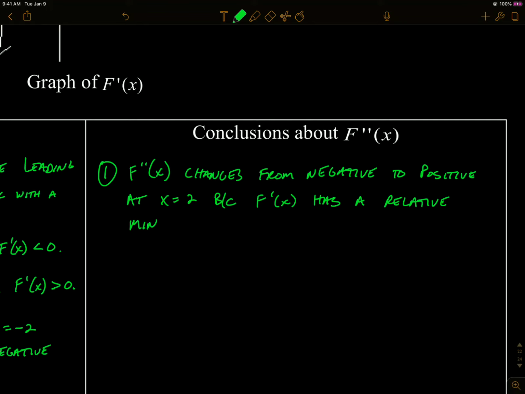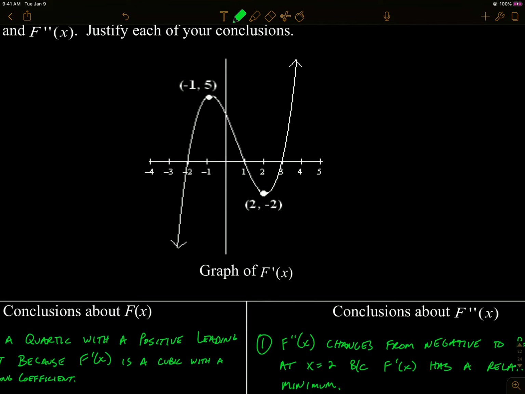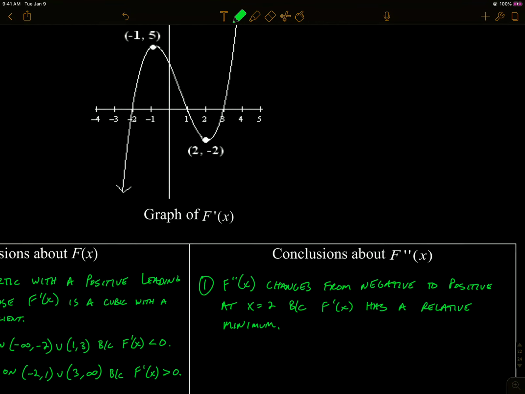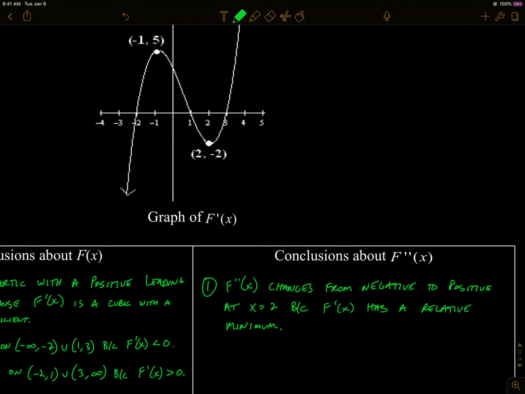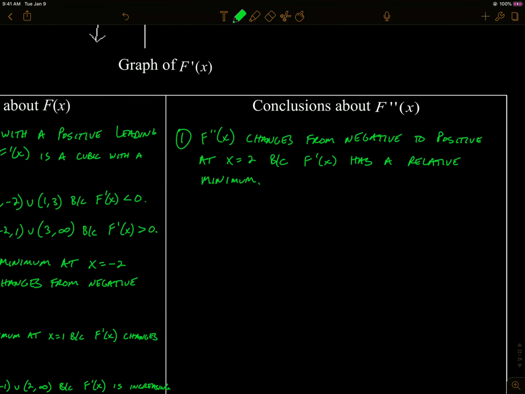So now we're back to, I know we're talking about the second derivative, but since we have the first derivative, we're really just talking about a function and its derivative. My derivative here, f prime, is my function, and f double prime is its derivative. So I know that when a function has a relative minimum, like say at 2, its derivative must change from negative to positive.